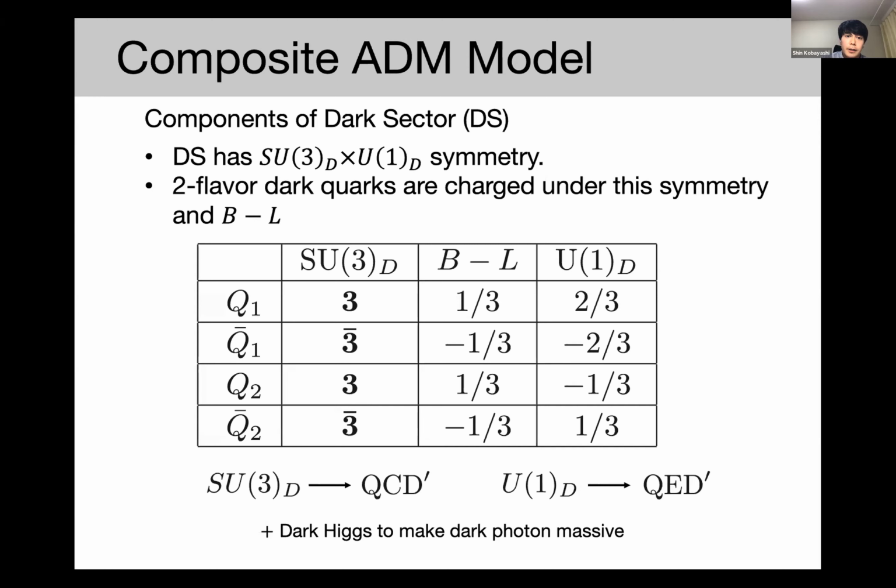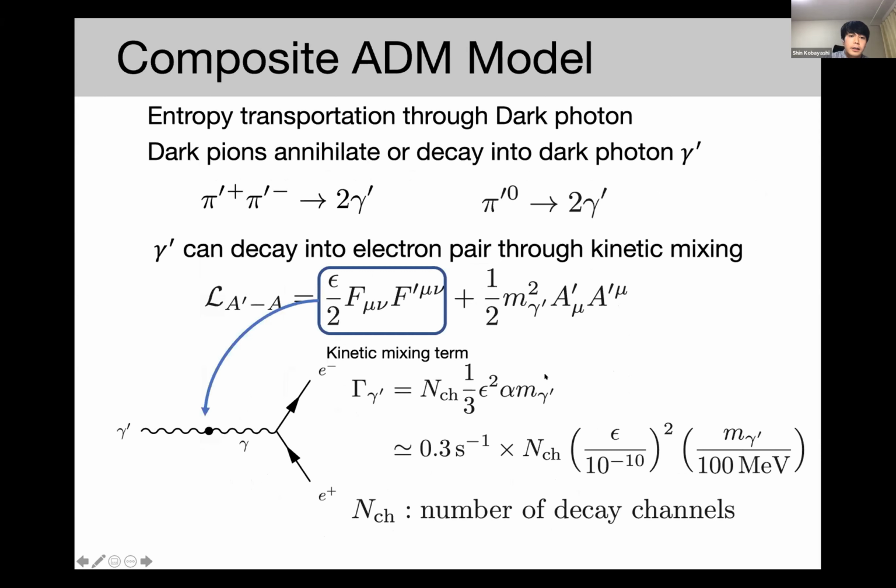And also we add the massive U(1)_D symmetry in the dark sector. The reason why we added the massive dark photon in the dark sector is to make the model cosmologically safe, because of the QCD prime, I mean the dark QCD dynamics.